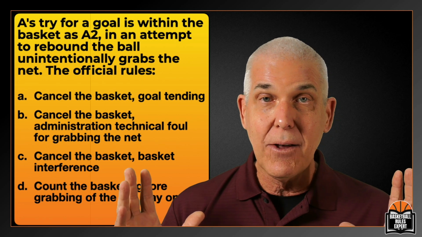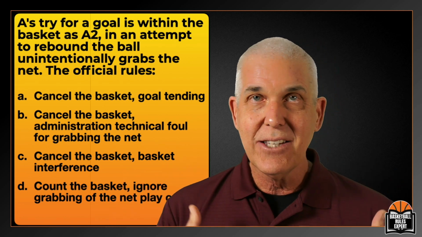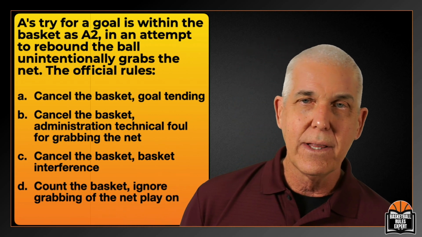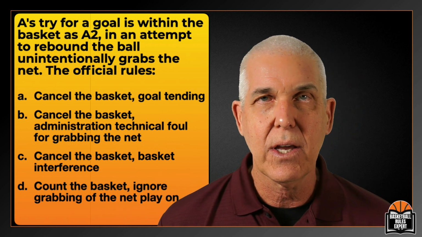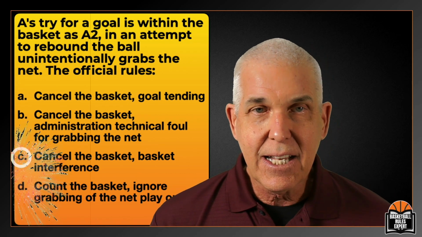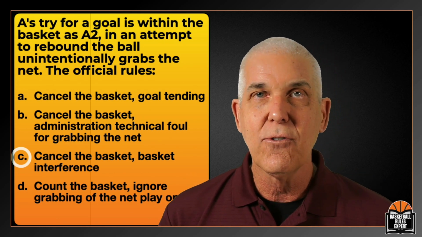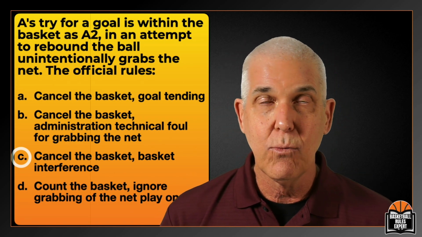A2, in an attempt to rebound the ball, unintentionally grabs the net. Unintentionally grabbing the net would eliminate the technical foul from the scenario. And our correct answer on this play is clearly C, cancel the basket. This is a basket interference violation by rule.